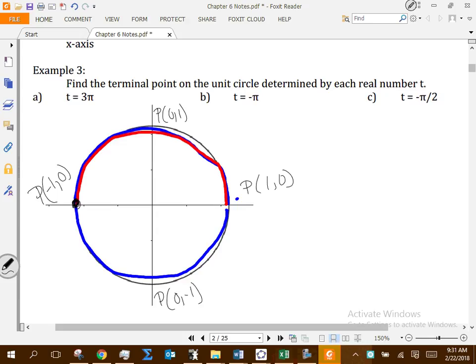For sine. Type in pi over 2. What is the terminal point for pi over 2? 0, 1. Type in cosine of pi over 2. 0. Type in sine of pi over 2. 1.